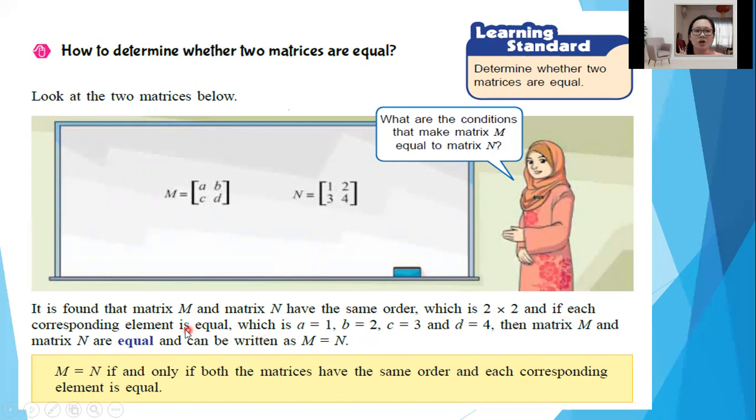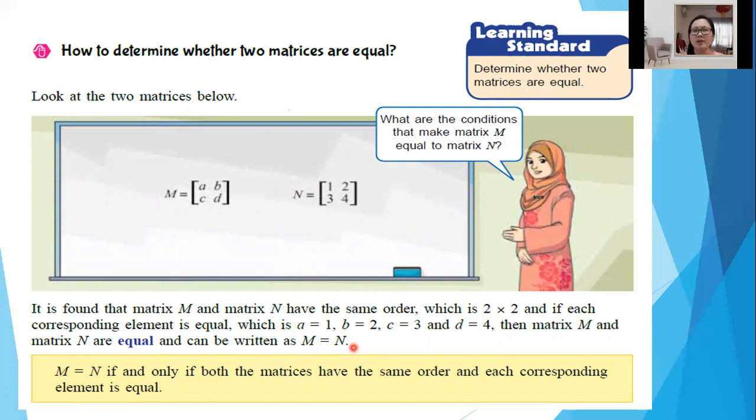And if each corresponding element is equal, which is A equals 1, B equals 2, C equals 3, and D equals 4, then matrix M and matrix N are equal and can be written as M equals N. So we have two qualifications here.